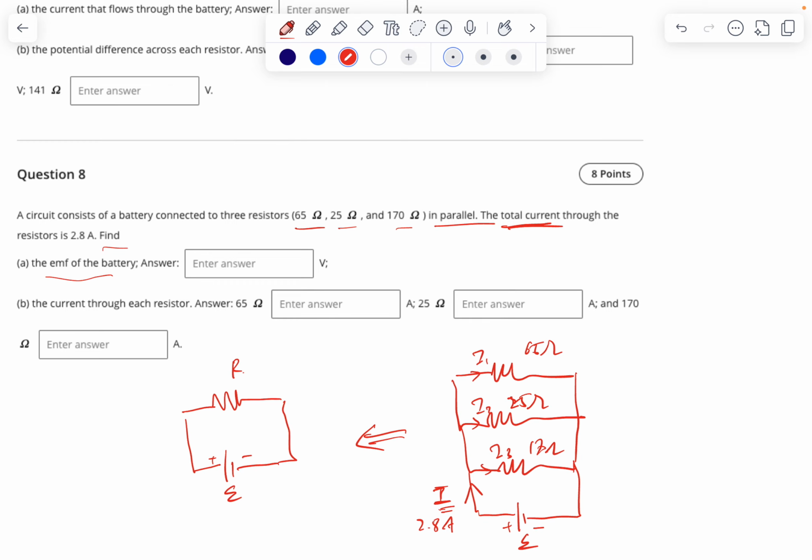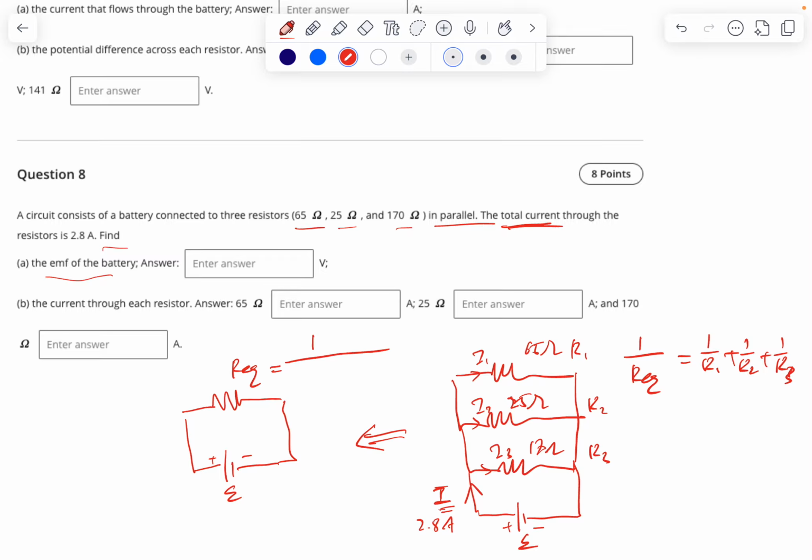Equivalent resistance of three resistors connected in parallel: we call them R1, R2, R3. The reciprocal of the total resistance equals 1 over R1 plus 1 over R2 plus 1 over R3.